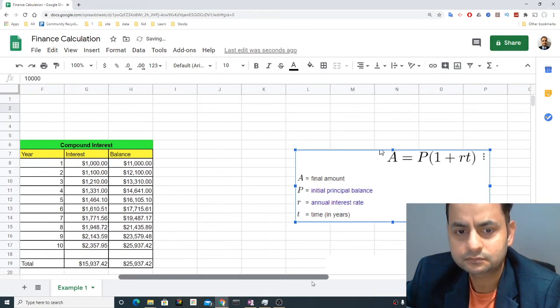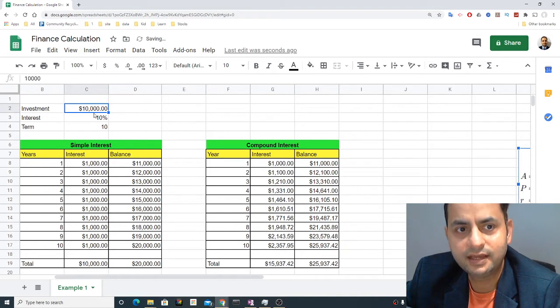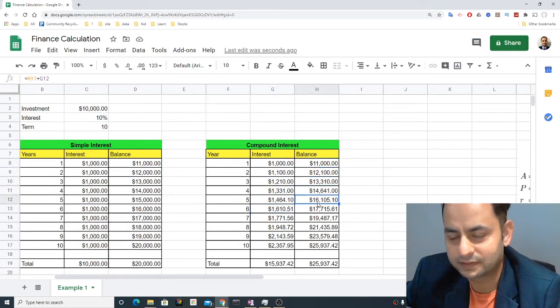Now comes the main piece. What if we have the same investment, how will the compound interest be calculated? You see here the number of years I plotted is the same, 1 to 10, but my interest every year is different, and because of that my balance will also be different.